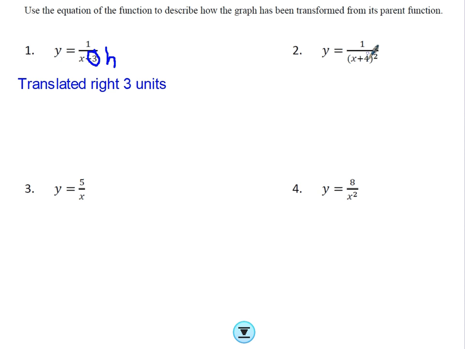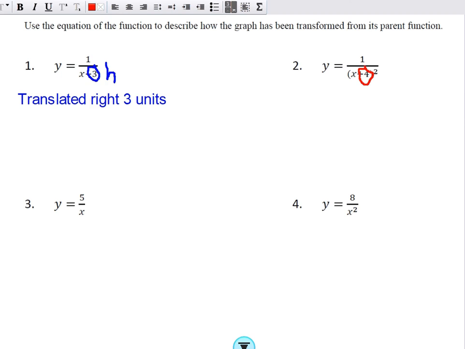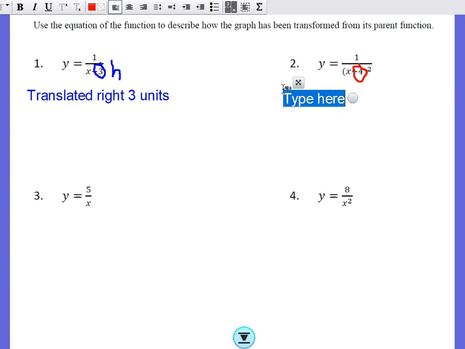If you look at number 2, this time it's a transformation of 1 over x squared, but again, it's still in the h here. This is the only transformation that has occurred. So this is +4, which means that this graph has been translated left 4 units.